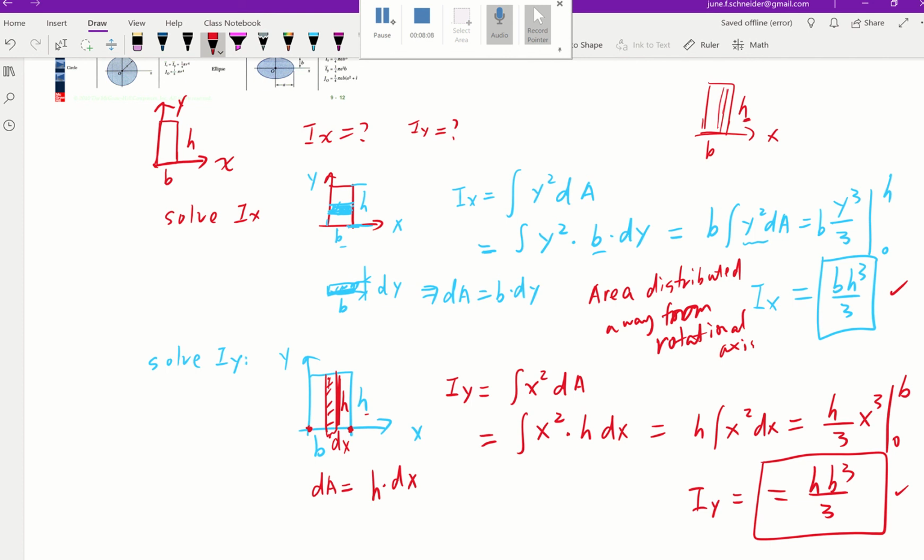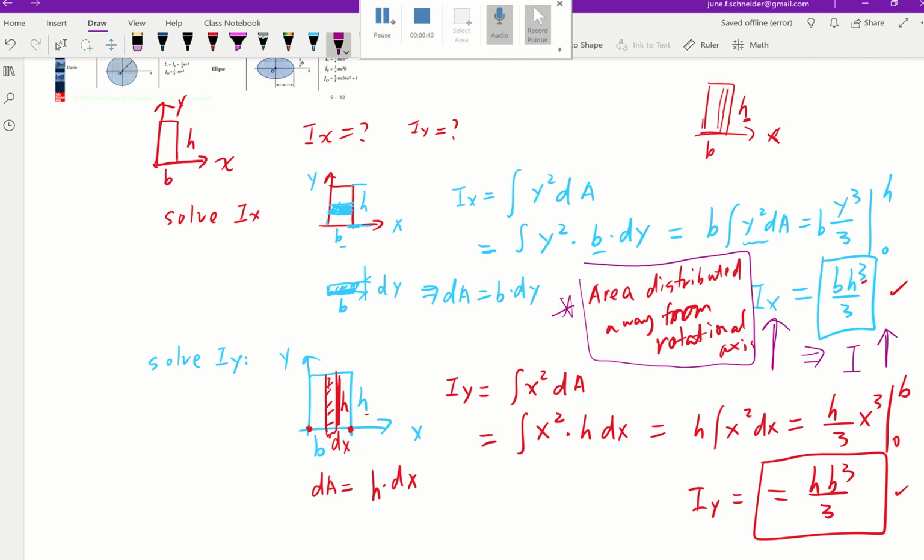H, because that's how far away it is from this axis. So that situation is going to be h cubed. In other words, if this area distributed away from the rotational axis increases, what do we get? Our I, moment of inertia, will increase. So that is a very important pattern. If there is more area distributed away from the rotational axis, then we're going to get more moment of inertia, more resistance to rotation. Make sense?